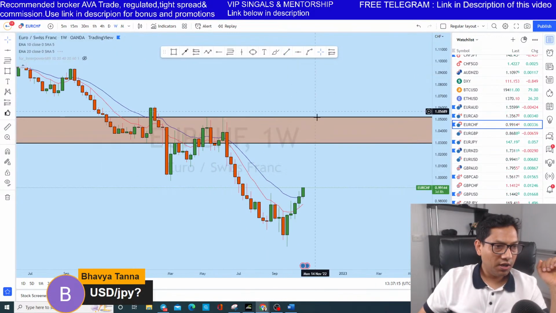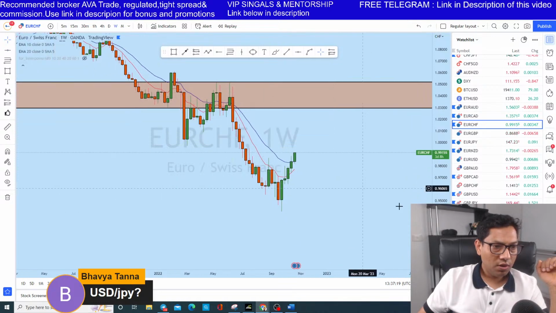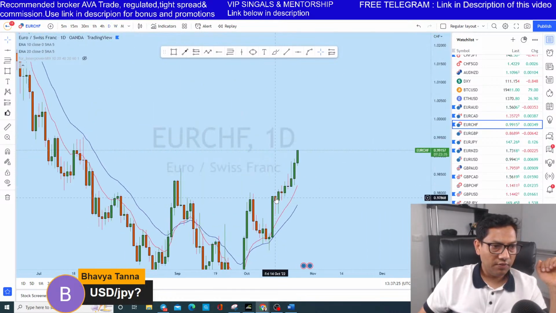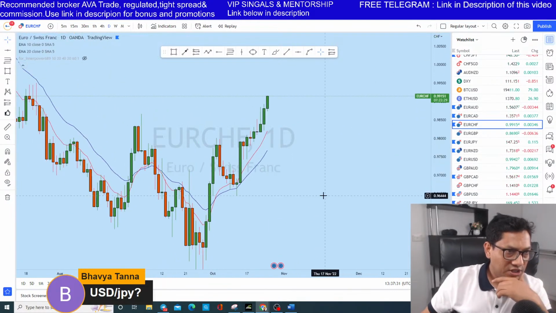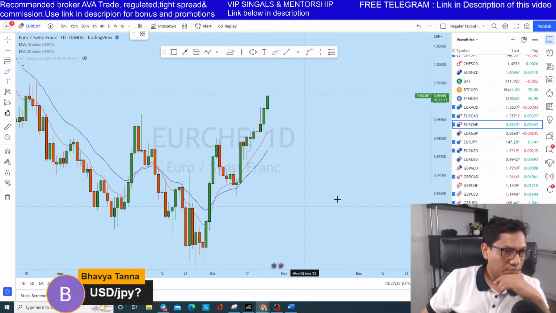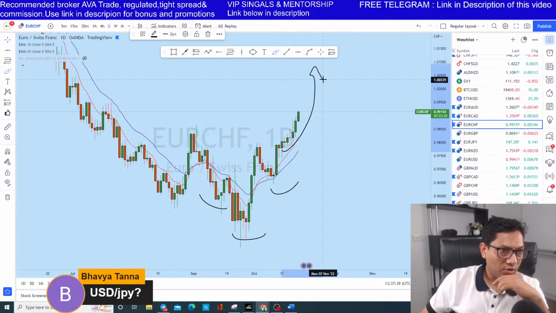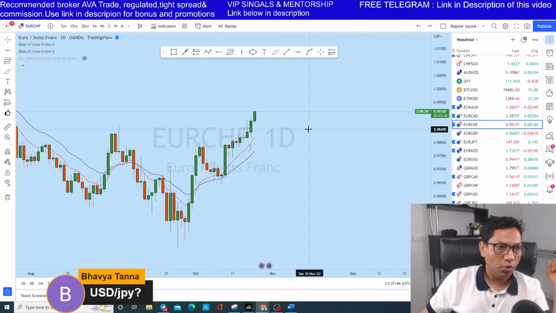Looking at the weekly, which is in fact a very strong bullish move now. Previous week there was a middleman, followed by this week a bullish pattern. Daily, every day strong bullish price action. On the daily perspective, Euro CHF in fact created a series of, first of all, an inverted head and shoulders, and then it has broken to the upside, which is a very strong bullish price action.